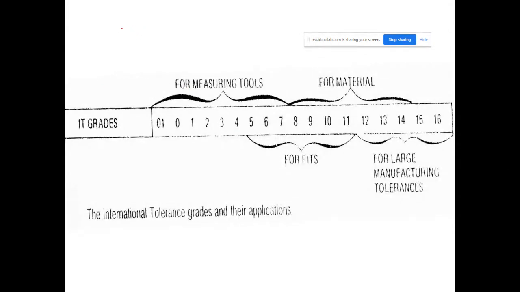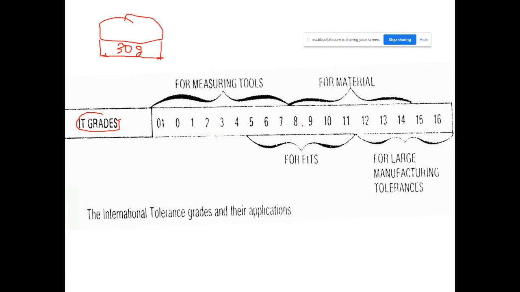In today's format, showing the dimension of a certain feature, for instance on the technical drawing, this is the dimension for a feminine feature. For instance, the size is 30, let's say G. G is the grade letter. How about the grade number? IT grade numbers are along the spectrum.